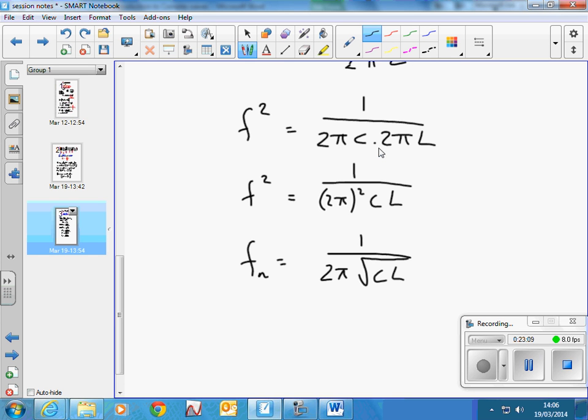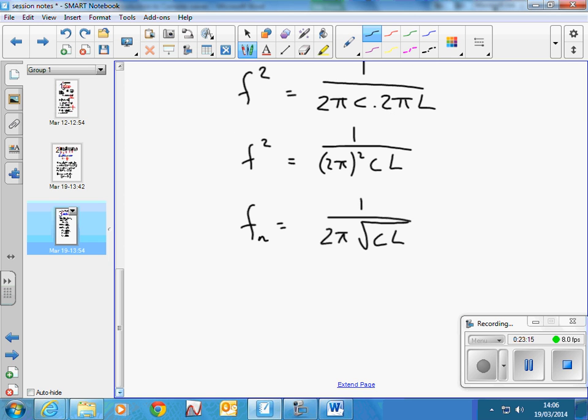But actually, often, if I were to multiply both sides now by 2 pi, I'd end up with 2 pi natural frequency equals 1 over the square root of LC or CL, whichever way around. And remember what 2 pi F is, it's the angular velocity.